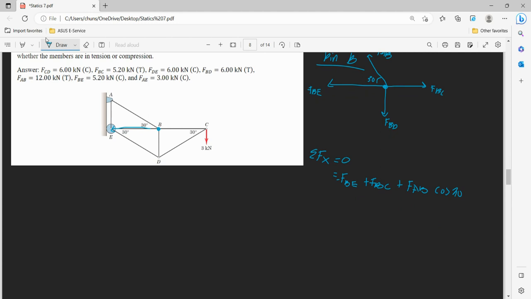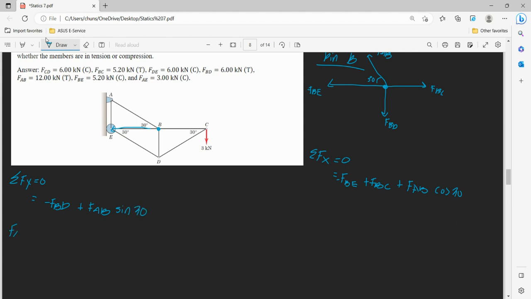Okay, so I'm probably not going to use this one to start off. I'm going to use our Fy. That will be simpler because we have one unknown, because we know what FBD is now. So it's FBD plus FAB, and that is sine 30.